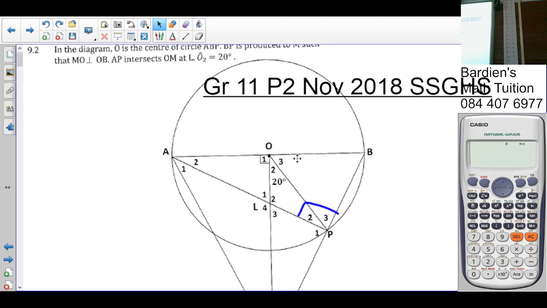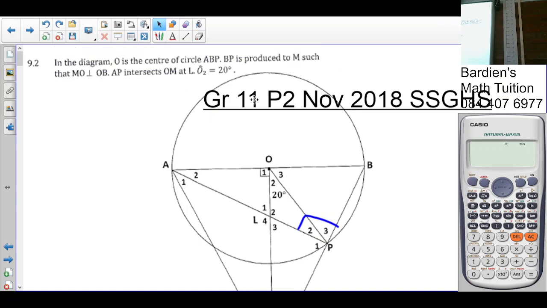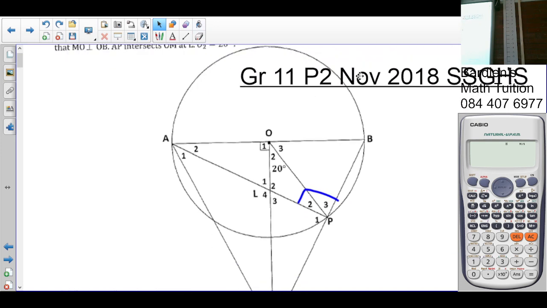So you see there's 90 and there's 90, probably a link that's going to happen there. So AP intersects OM at N. And then O2 is equal to 20 degrees. So everything that is given here is in the diagram. Can you all see that, people?